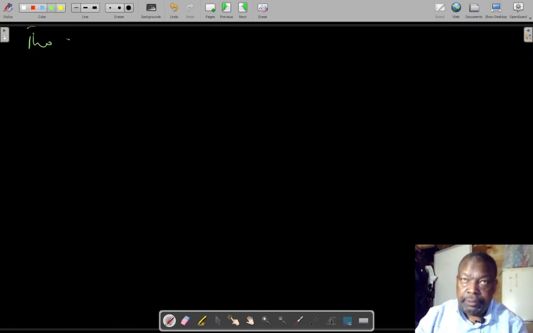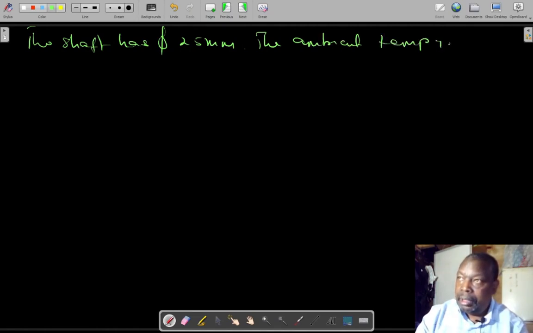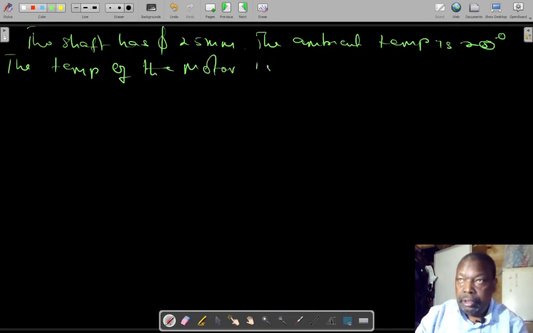The shaft has a diameter of 25 millimeters, and you're told that the ambient temperature is 20 degrees. You're told the temperature of the motor is limited to 55 degrees.